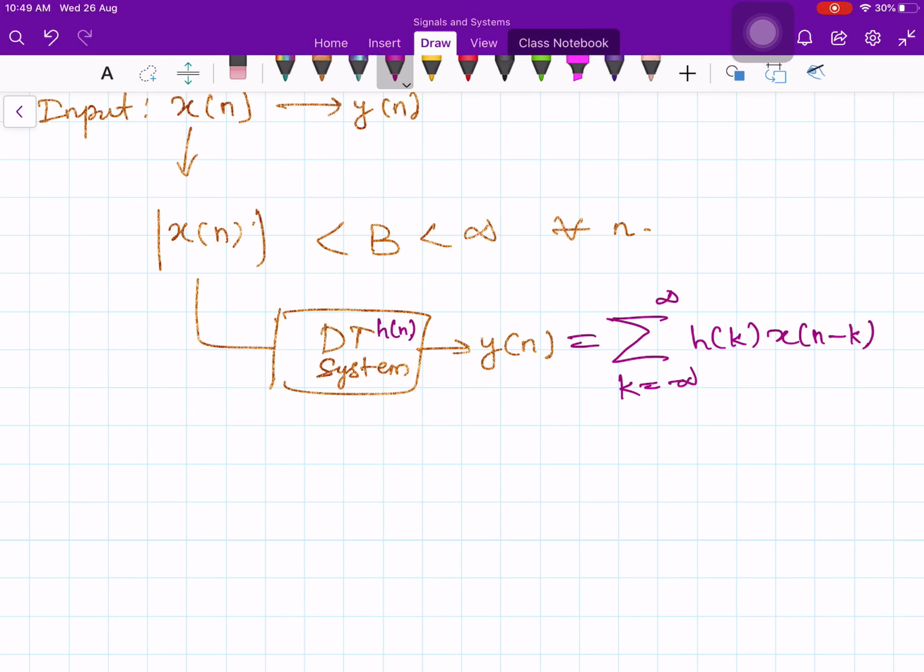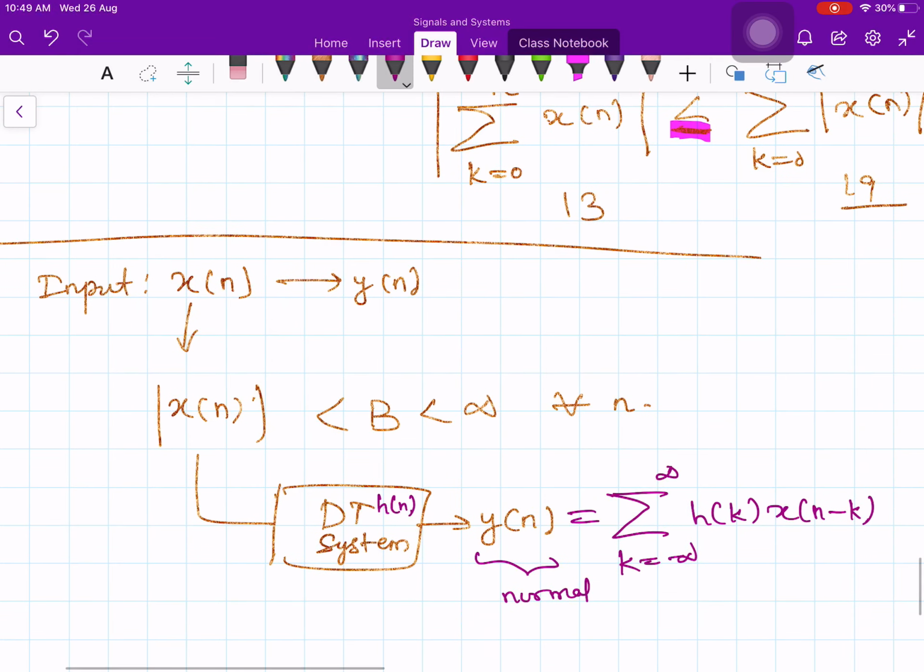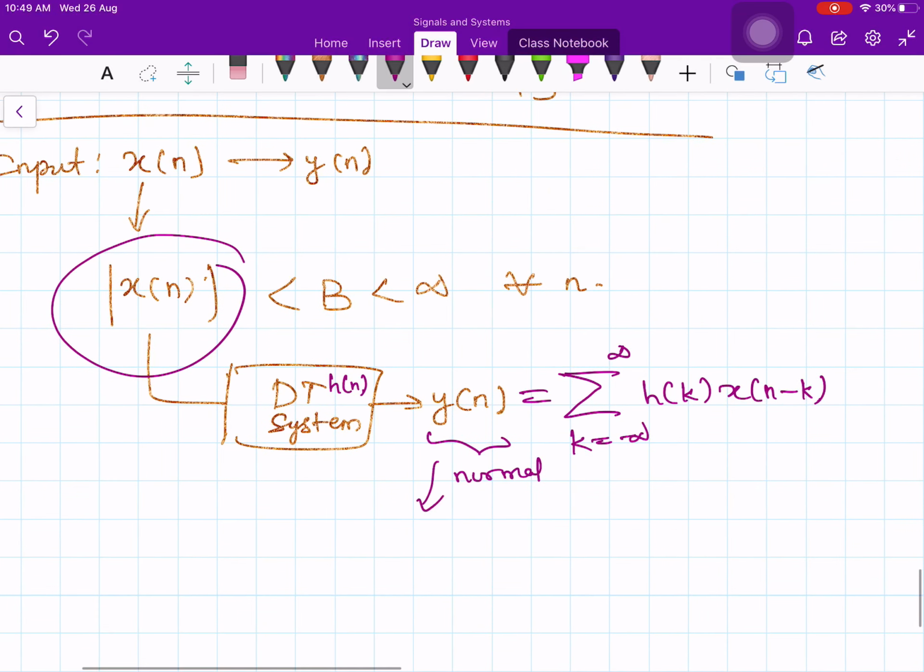So this is a normal output. Let us try to find the magnitude of the output. That's what our definition says: every input bounded in magnitude produces a bounded output. So the input is in magnitude, and we need to find the output also in magnitude. So magnitude of y of n is equal to the magnitude of summation of k equal to minus infinity to plus infinity h of k x of n minus k.